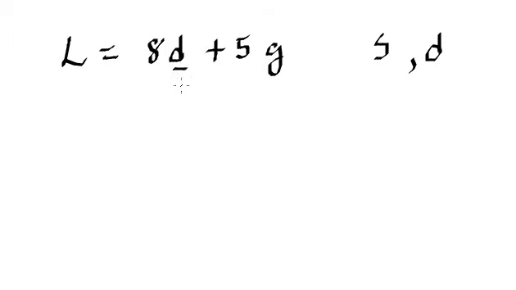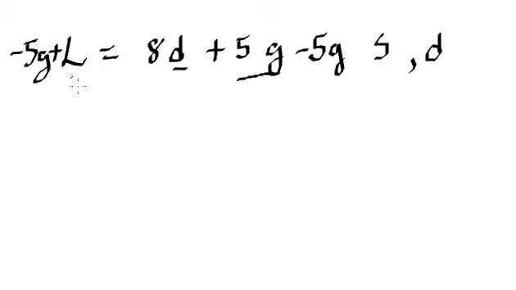So we want to get D to one side of the equal sign. What I'm going to do first is take care of this guy first, and that is, I'm going to subtract 5G from both sides.